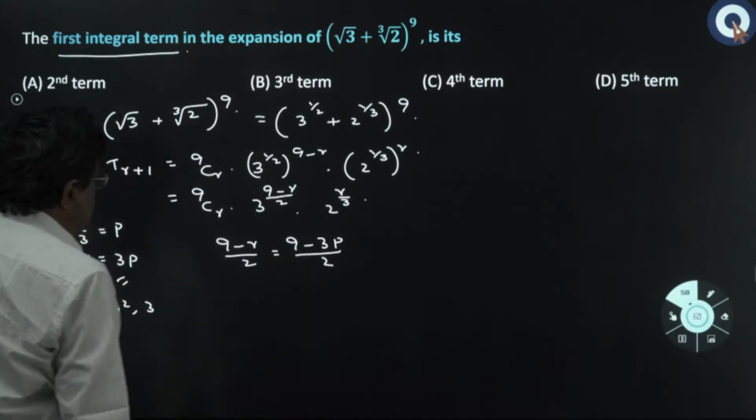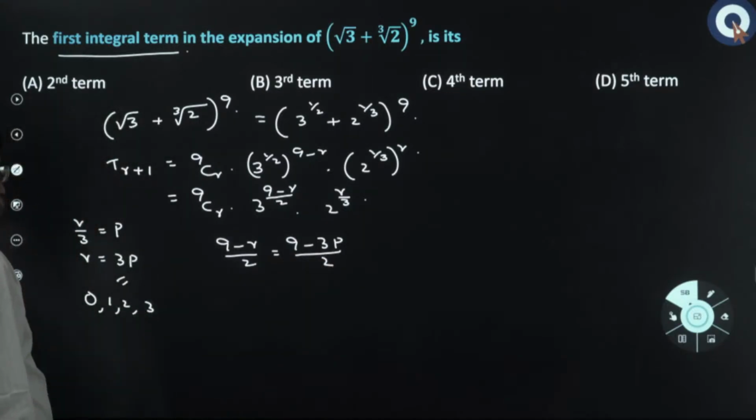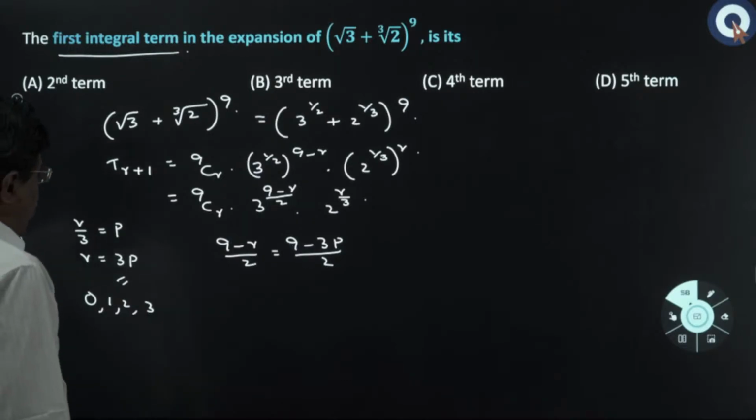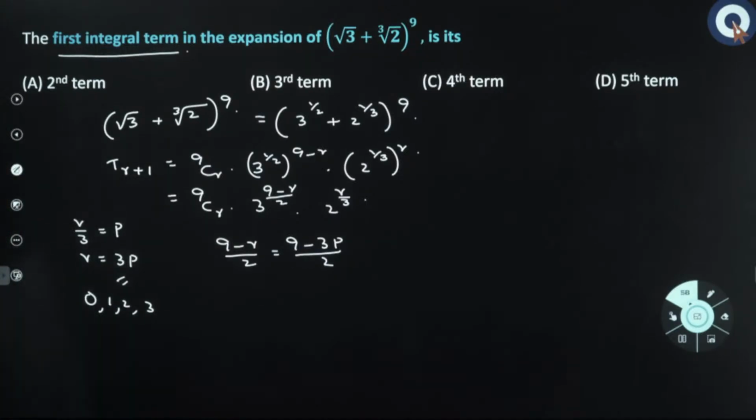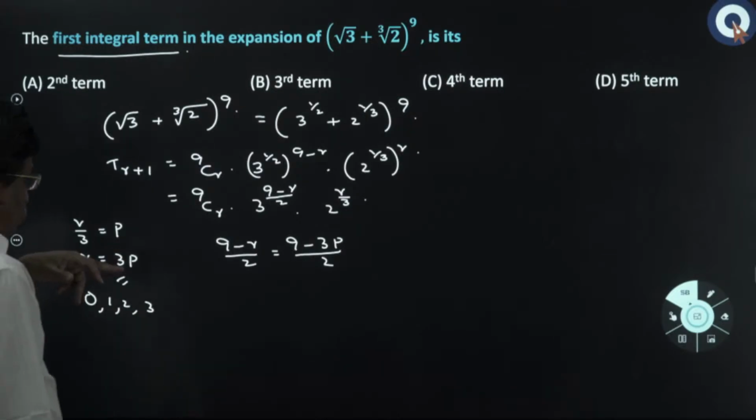Now when p is equal to 0, we get 9/2, which is not an integer. For p equal to 1, I get (9 - 3)/2, which is 6/2, which is 3, which is an integer.